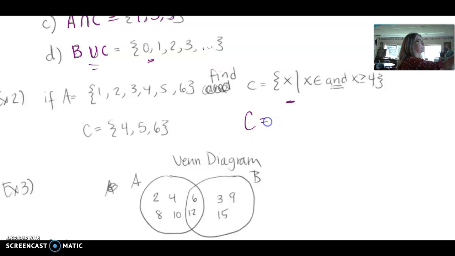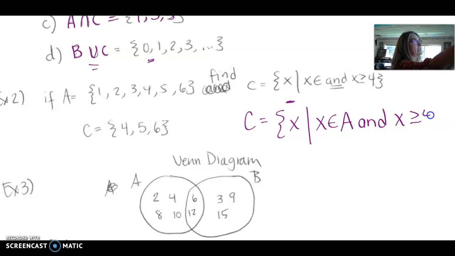It's supposed to say, let me rewrite that. X is an element of A, and X is greater than or equal to 4. So when I'm going to back this problem up again.